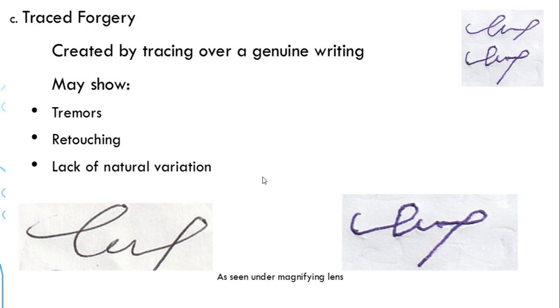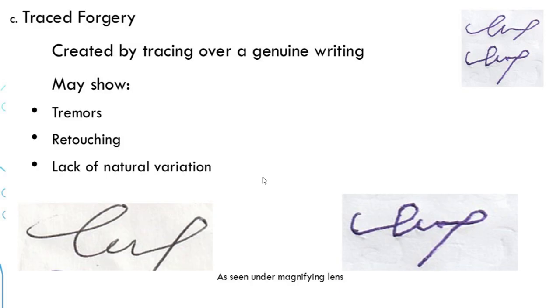First you use a blunt object to impress the signature on the paper. After the impression, you use a pen to trace the impression. And because he was tracing it, that is why you see the thickness is the same all through.